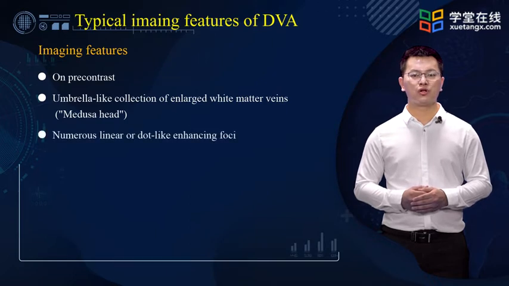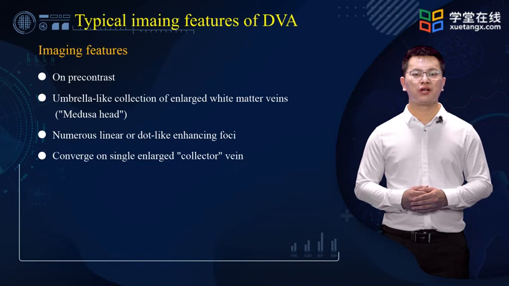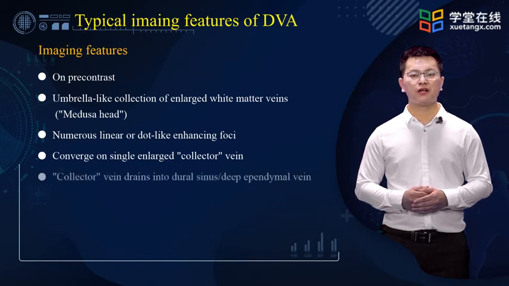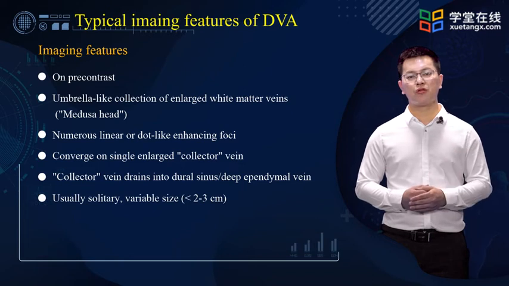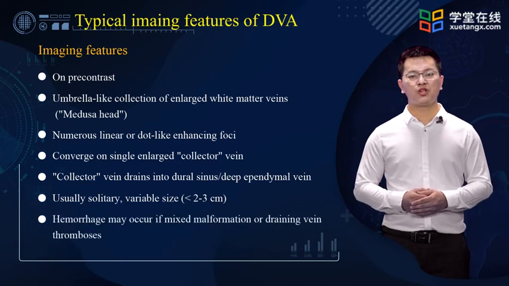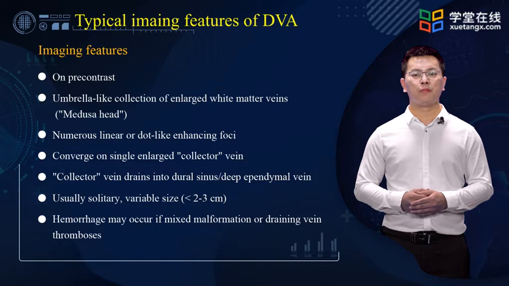Many linear or dot-like enhancing foci converge on a single enlarged collector vein. The collector vein drains into a dural sinus or deep ependymal vein, usually solitary, of variable size, less than 2 to 3 centimeters. Hemorrhage may occur if there is a mixed malformation or draining vein thrombosis.